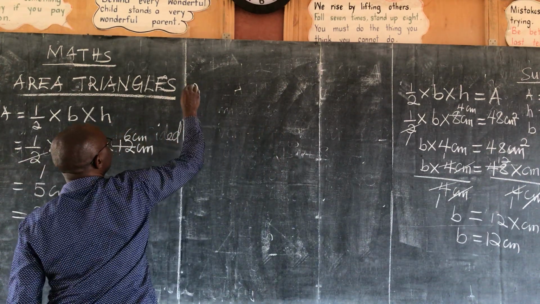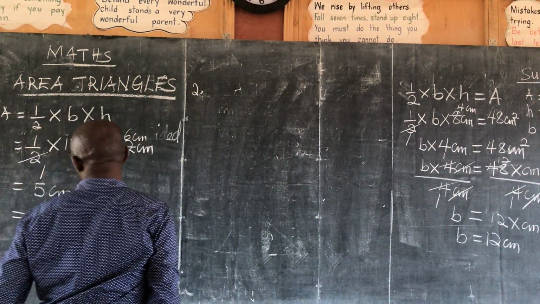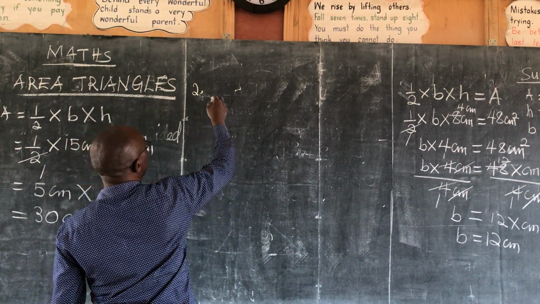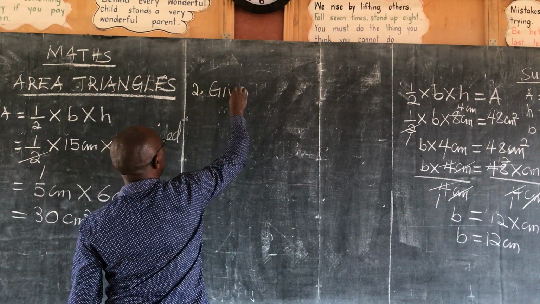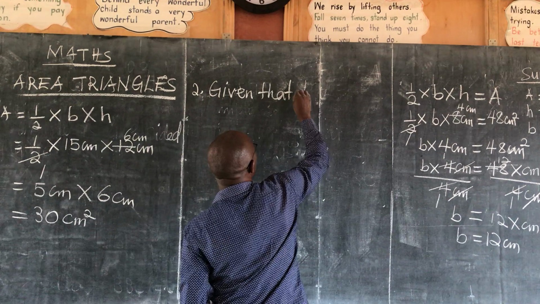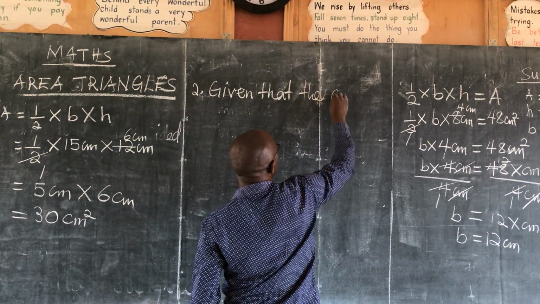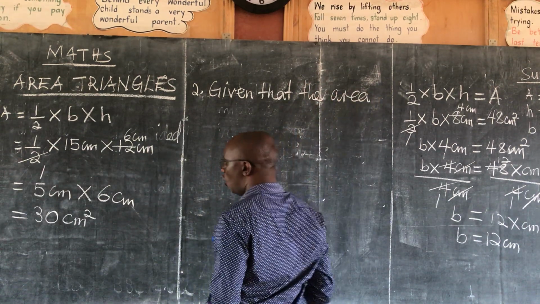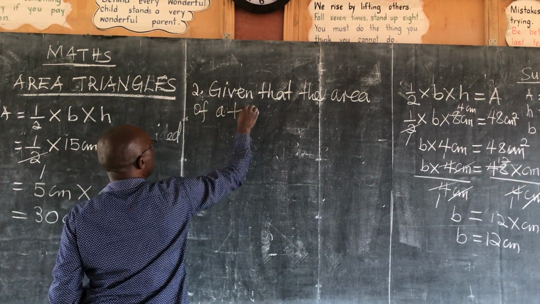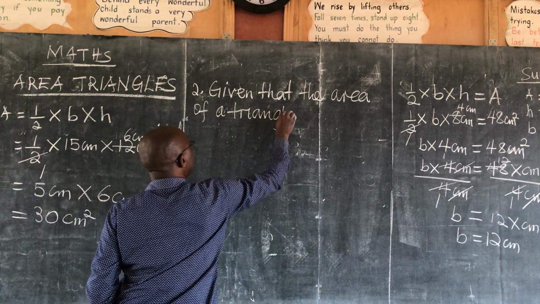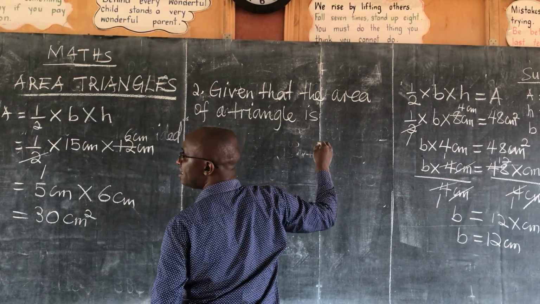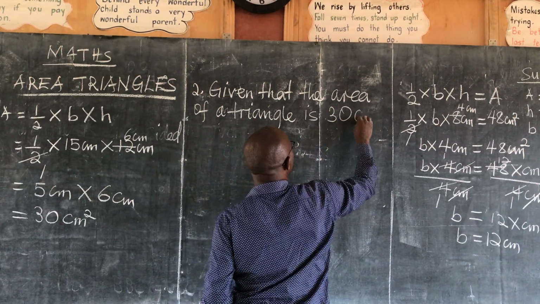Example 2. They say, given that the area of a triangle is 30 centimeters squared.